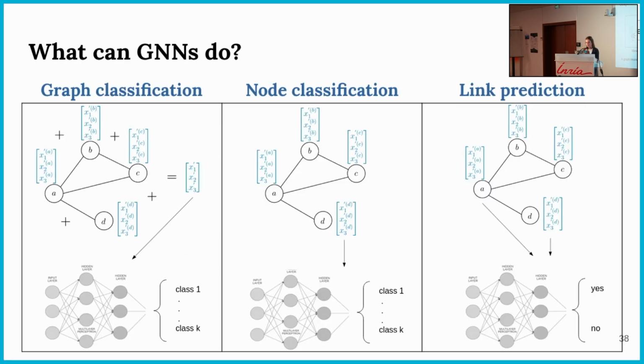And now I want to show you some examples of what GNNs can do. The most famous ones are graph classification, node classification, and link prediction. In the case of graph classification, if our graph represents a molecule, for example, we want to understand if the molecule is toxic or not toxic. To do that, we have the graph, with some additional information at the level of the node.